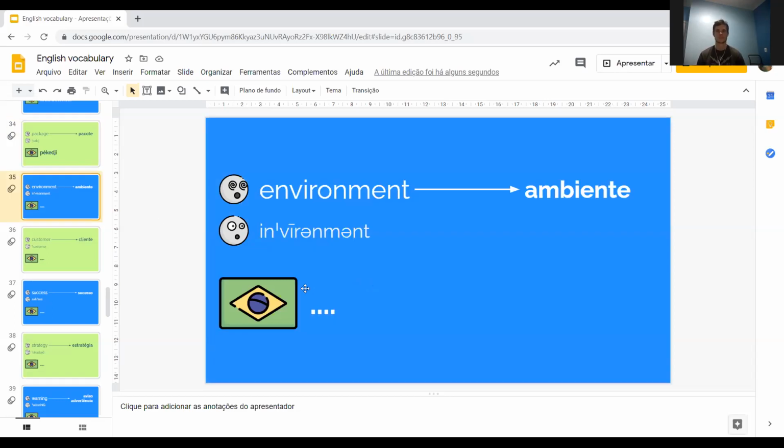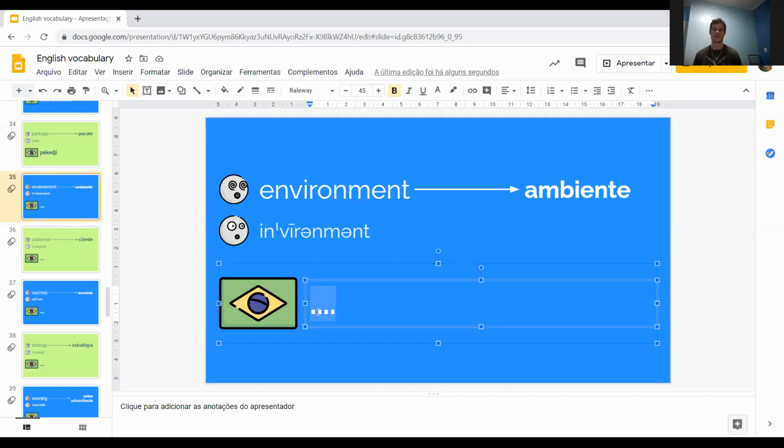This one, people say it very wrong. I would say it environment. That was great. Environment. Now you do want to say the N. Not too strong, but it is there.